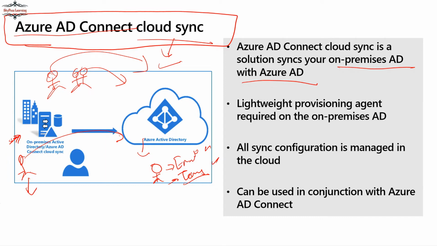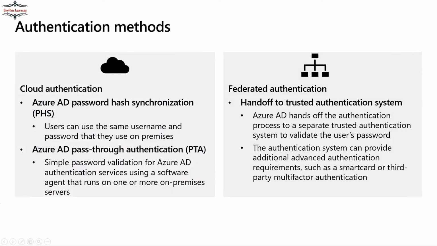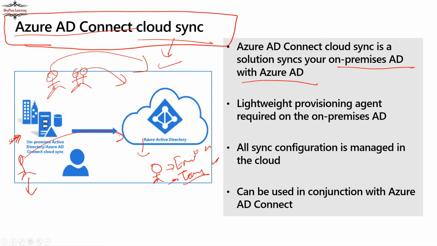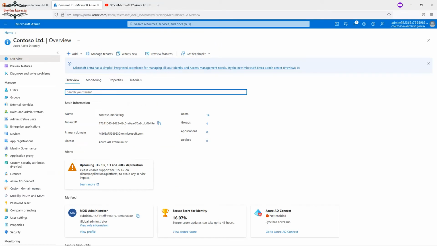Before moving to the authentication, let me quickly show you in the portal how it looks. Okay, so you can see it over here. Once you log in to your Azure Active Directory portal, you can see there's an option, Azure AD Connect, on the left side.